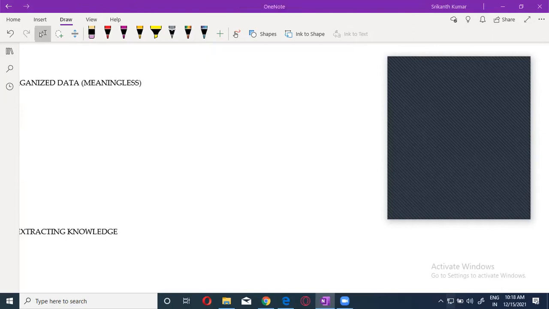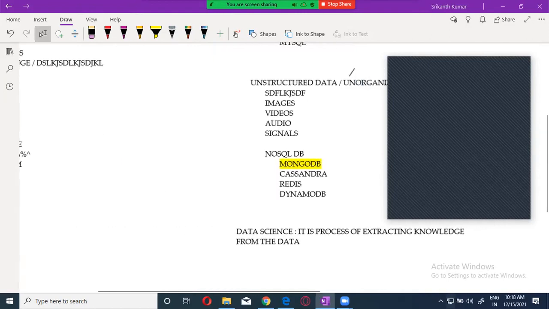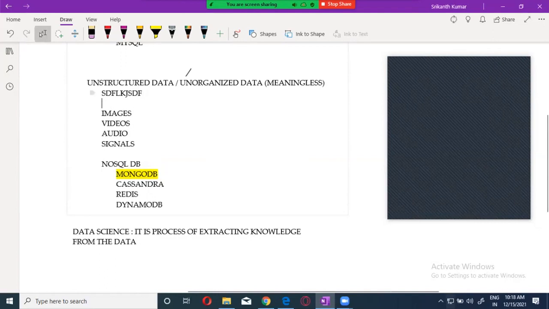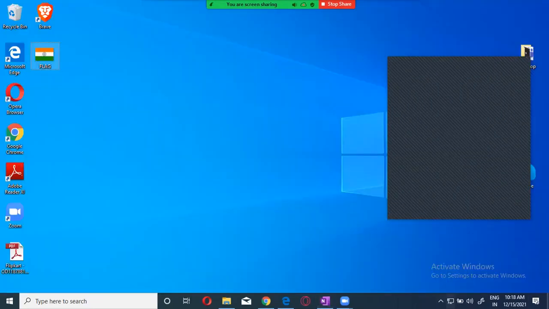Okay. What I was saying, organized, unorganized. Sorry for that. When I'm talking about unorganized data, I mean data like images and videos. When you check it, images are usually stored in pixel by pixel format. You will see that in the future, when we go into deep learning, how images are stored pixel by pixel.